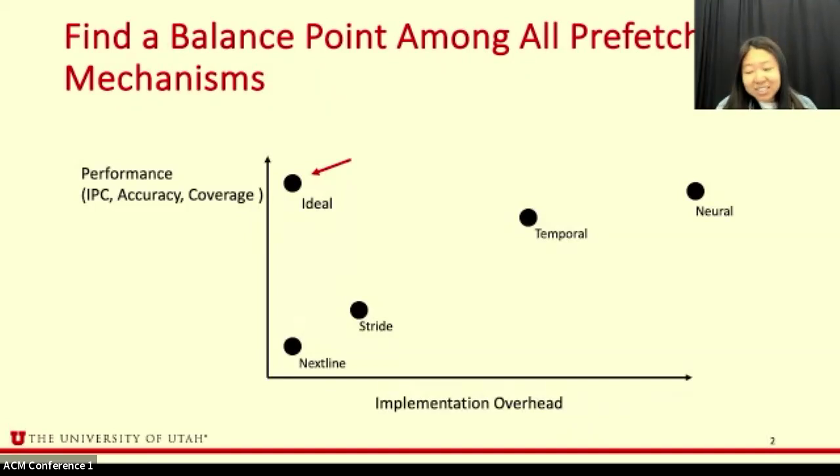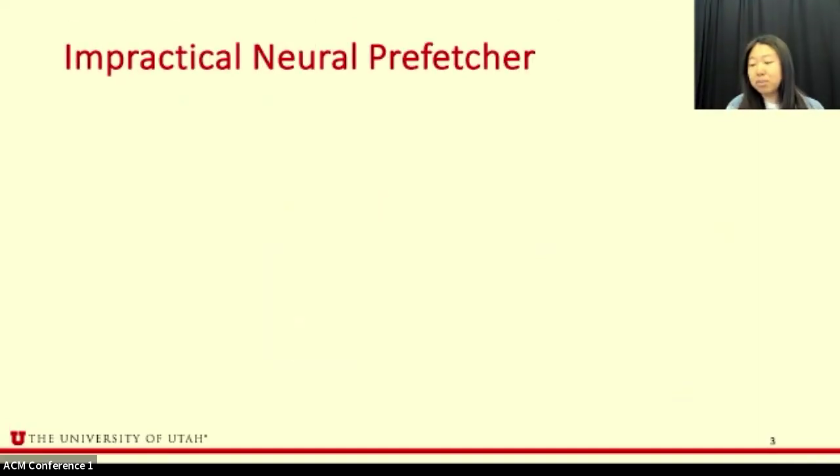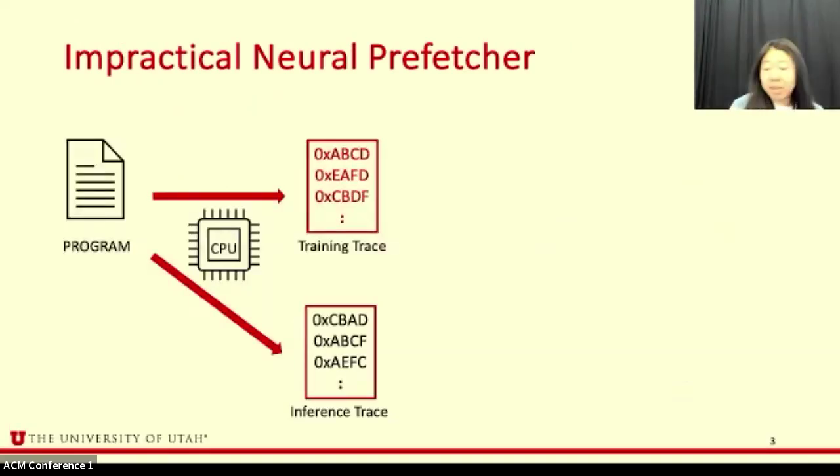But the ideal solution is always hard to achieve, so we propose Pathfinder. We are pursuing a design point that is competitive with the state-of-the-art prefetchers while having low implementation complexity. The prior state-of-the-art neuron prefetchers have good performance, but are not practical in real life due to two main reasons.